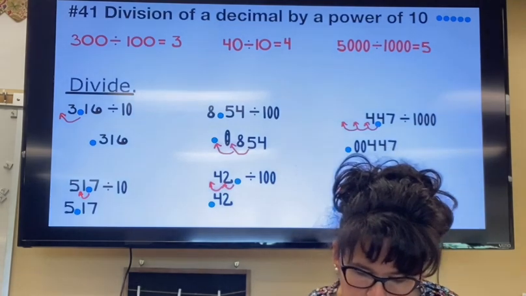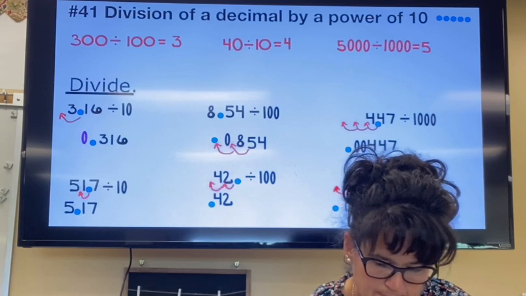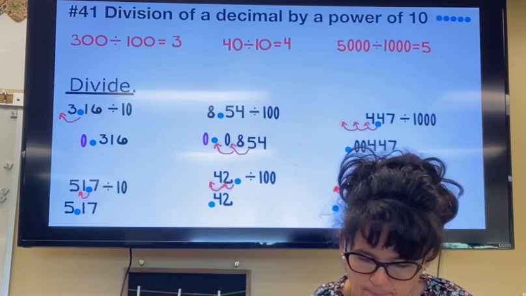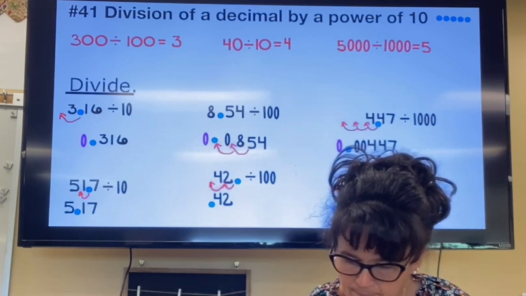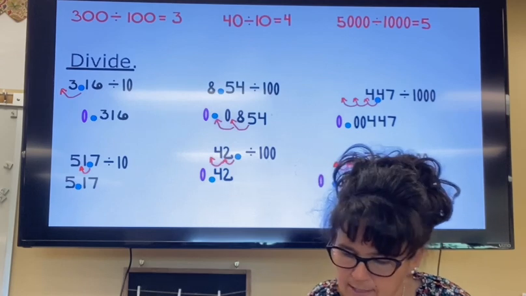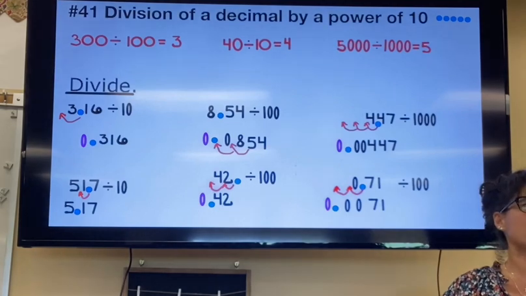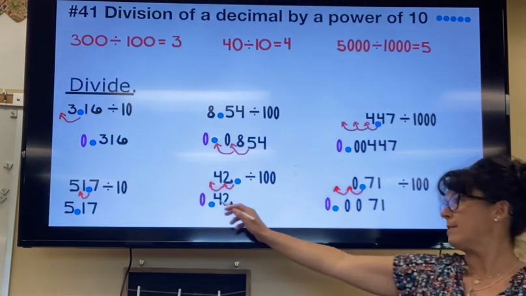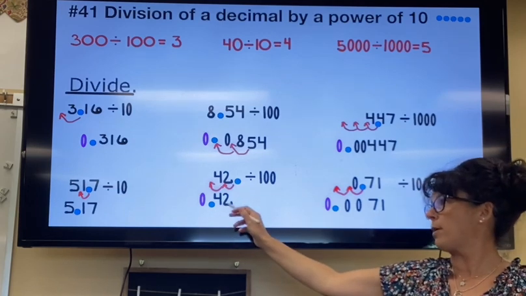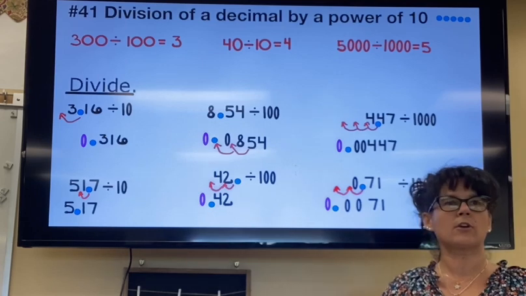But if you want, you can put a 0 in the front. And the answer is the same thing. If you saw a price tag that said 0.42, it's 42 cents. So sometimes you'll see that 0 there in the ones place.